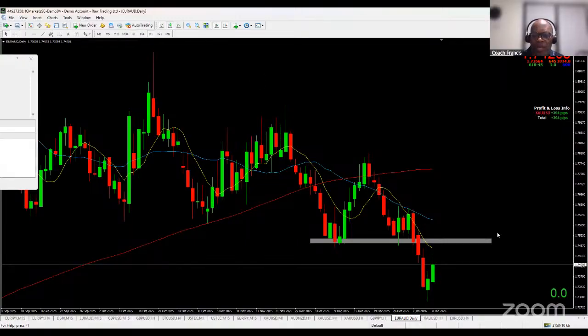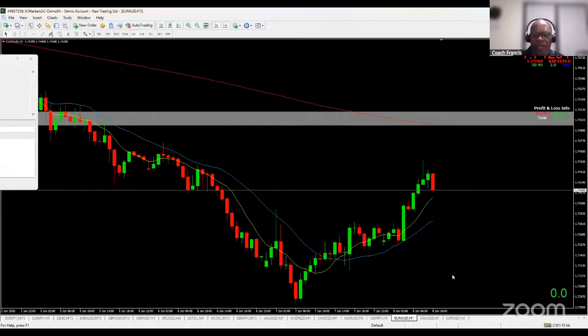Let's go to the hourly time frame. Obviously, I can see that this move has played out or is playing out. As a trader, you cannot catch every trade.